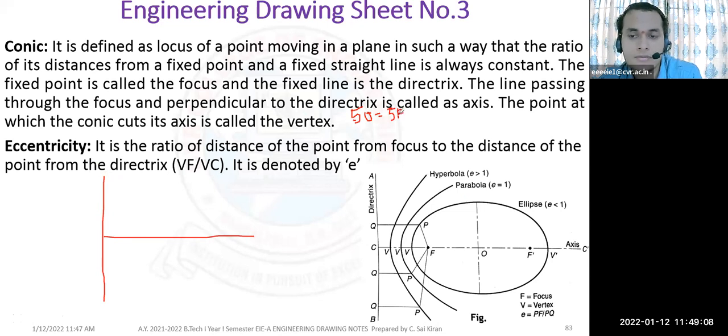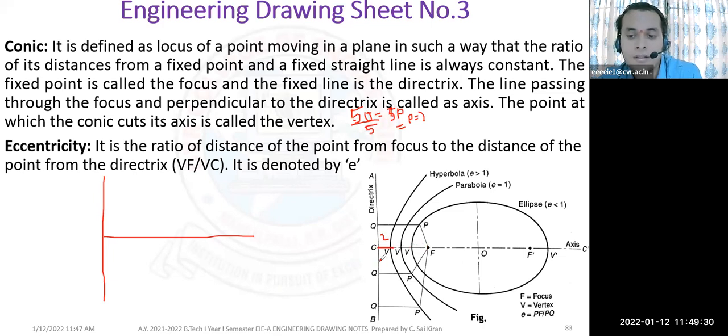50 equal to 5 parts, and you have to see what one part is. One part equals 50 by 5, which is 10. If I want to make a hyperbola, I give CV 2 parts, then VF will be 3 parts.